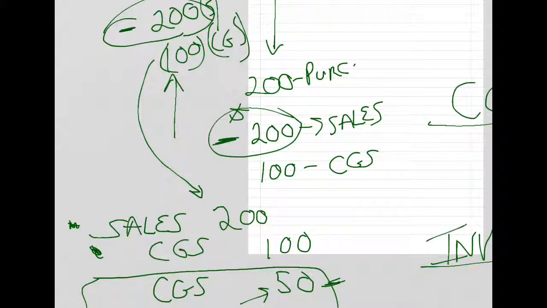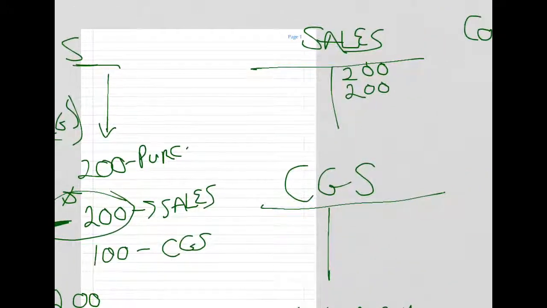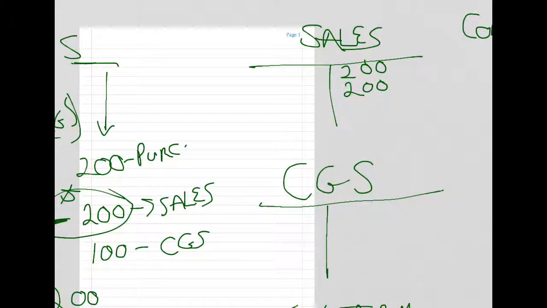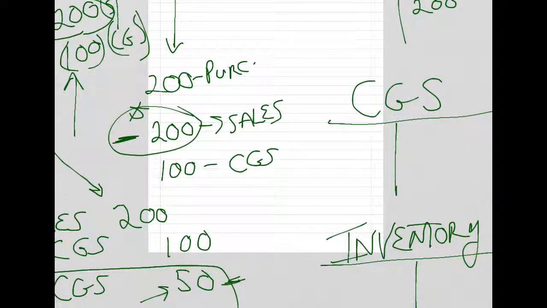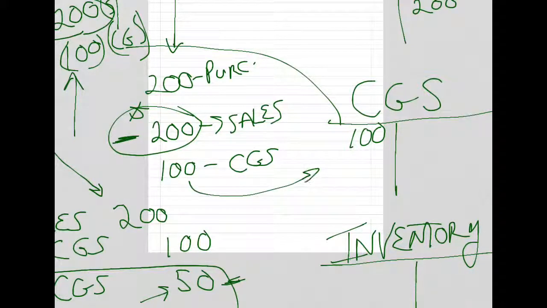Nevertheless, when we combine the general ledgers together for consolidation purposes, our T account starts off looking like this. Same theory, our T account for the cost of goods sold will be 100 from the parent side of the intercompany sale, relating back to here, and another 100 from the subsidiary sale to the outside world.